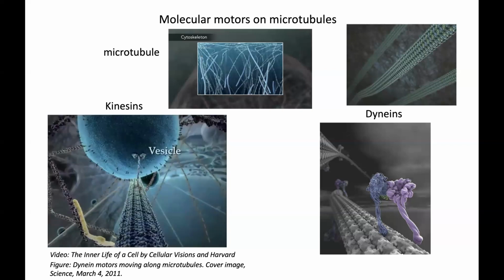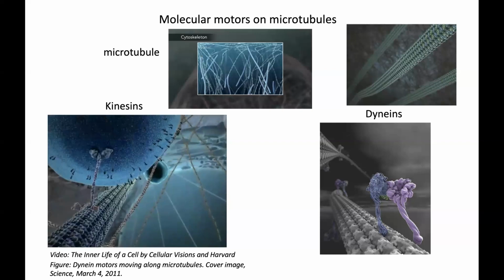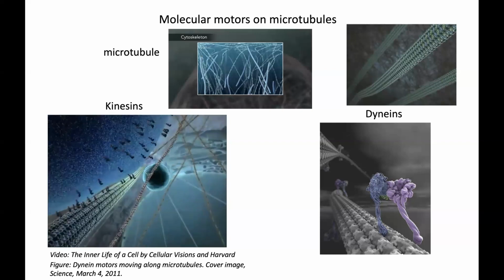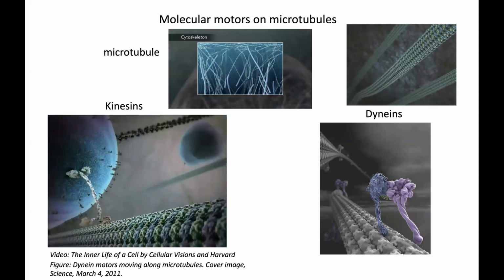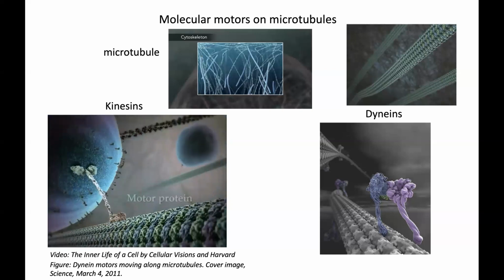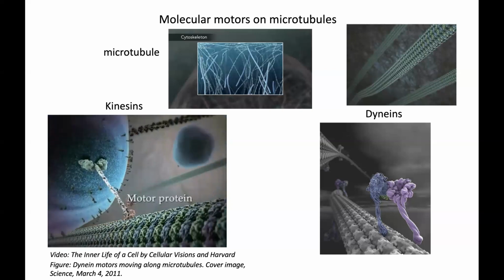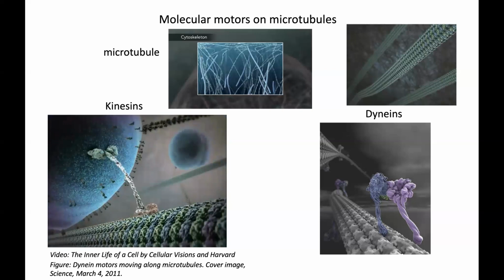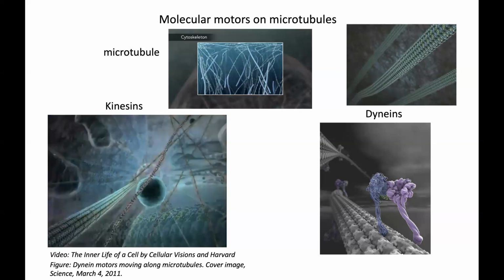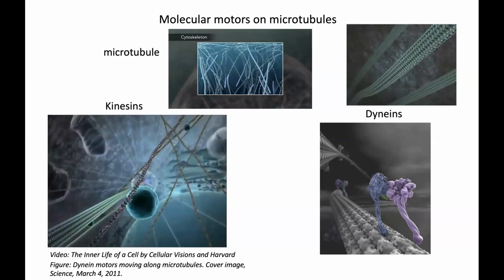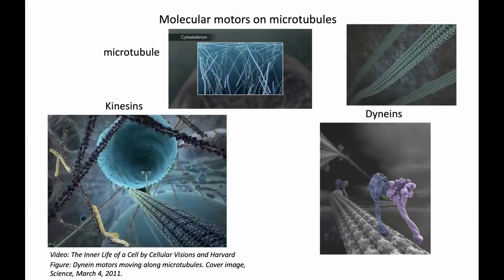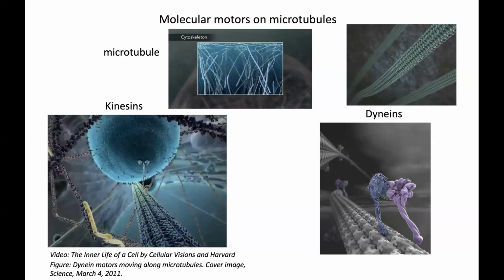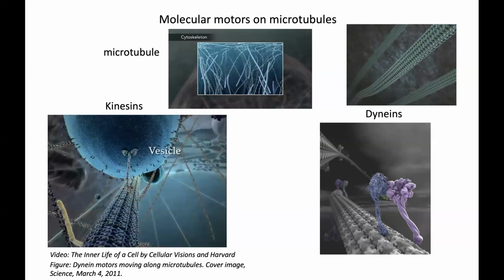Therefore, there's some recent work which targets kinesin as a cancer drug target, because you can imagine if you can block the function of some kinesins, some cells cannot be divided or overgrow.